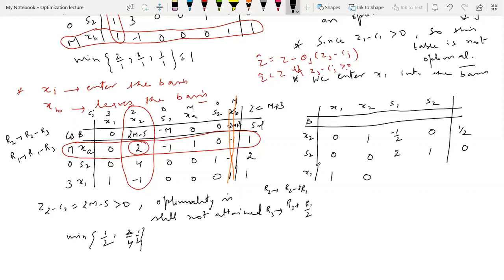So 0 plus minus 1 by 2 is minus 1 by 2, and for s2 it is 0, and 1 plus 1 by 2 is 3 by 2. Clear? So again you calculate your zj minus cj. So what is your xb?